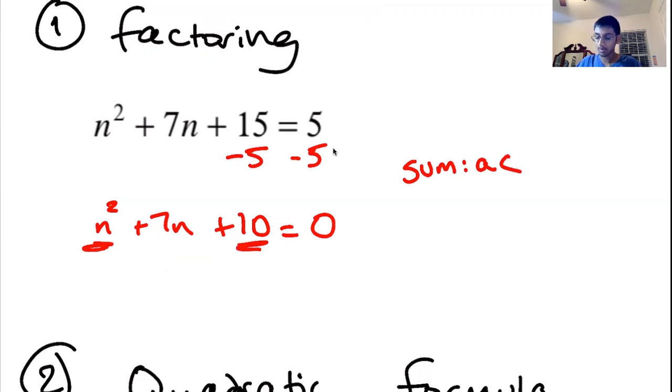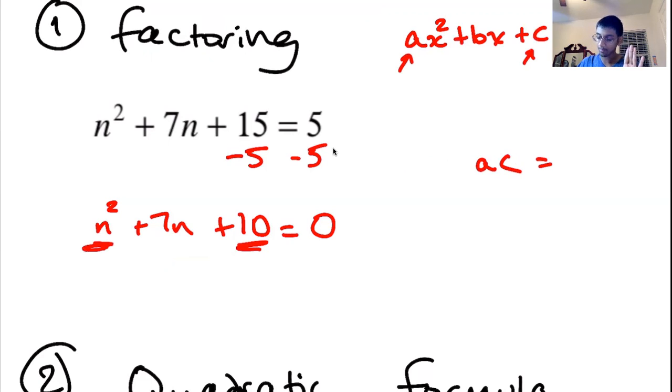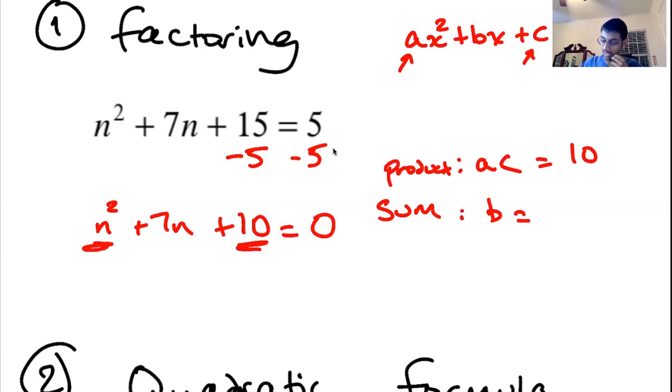The product of ac is 10, and the sum has to add up to b, so we have to add up to 7. Okay, so what two numbers multiply to 10 and also add up to 7?